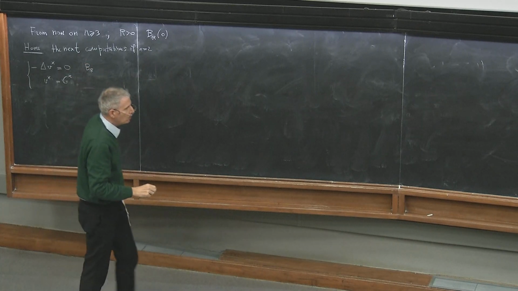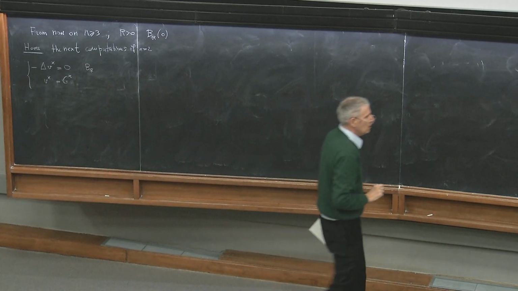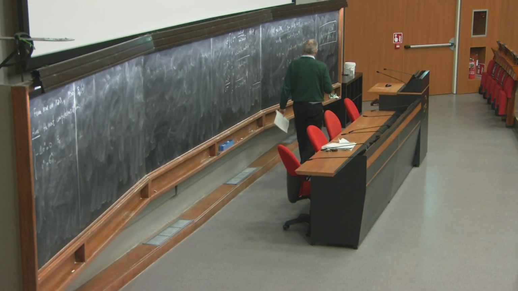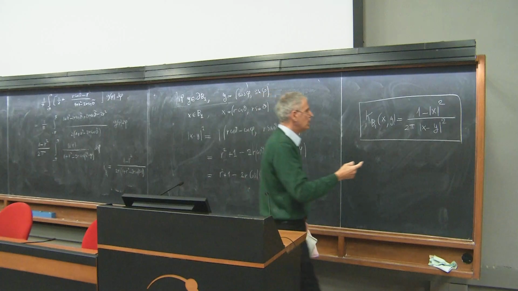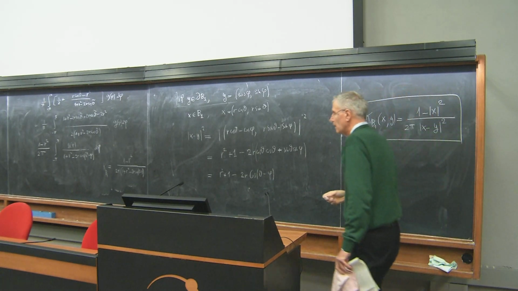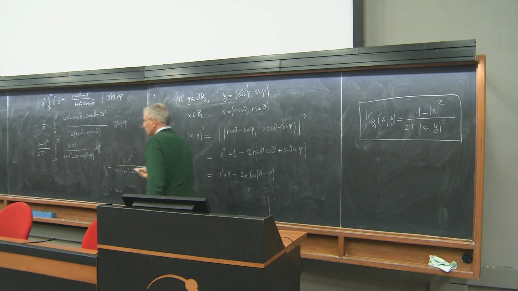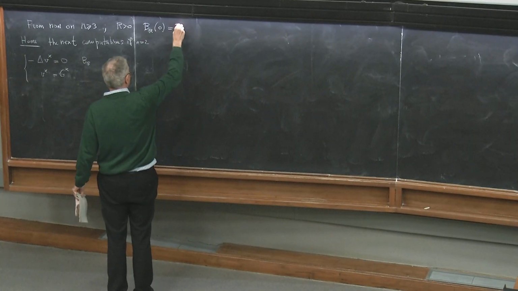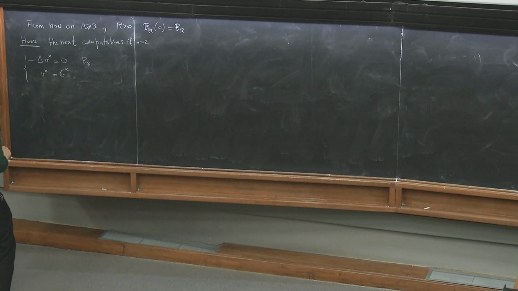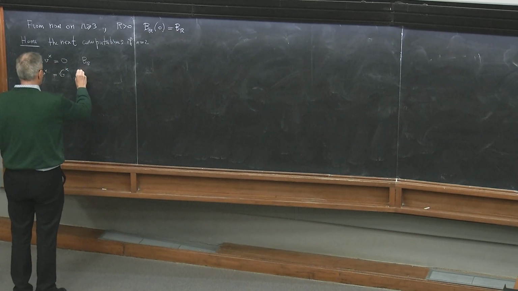If the ball is not centered at 0, but at some point P, then you have to write x minus P in place of x. But for simplicity now we assume that we are working at the origin, so I as usual use this notation. So remember we want to do this.